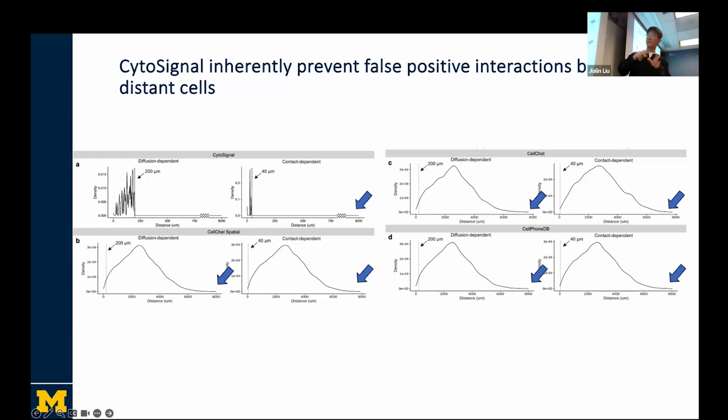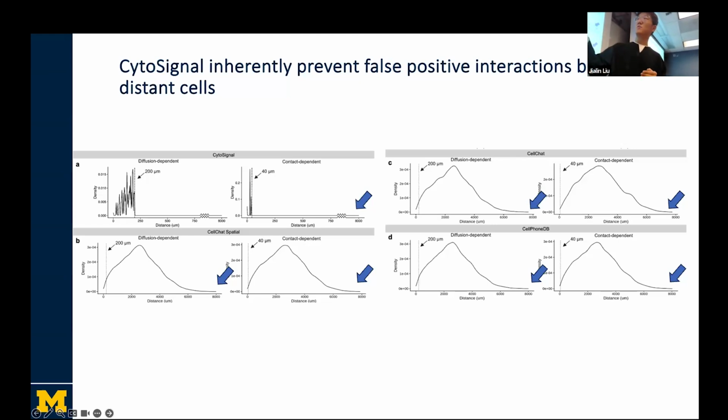Here is a line plot highlighting the statistically significant interactions. The x-axis is the distance between the cells that are interacting, and the y-axis is the density.